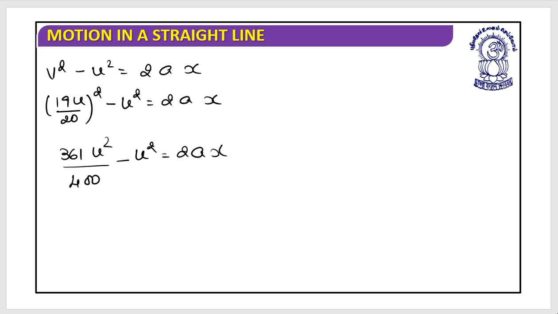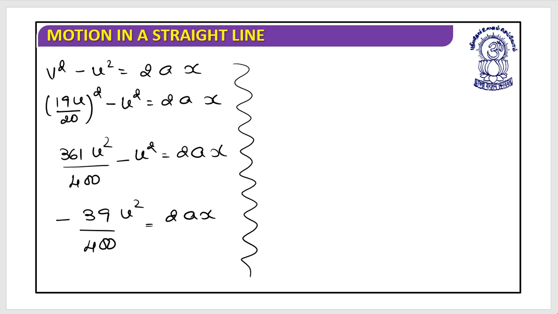This is 361 minus 400, so this is minus 39 u square divided by 400, equals 2 into a into x. This is the case when it has passed through one plank.